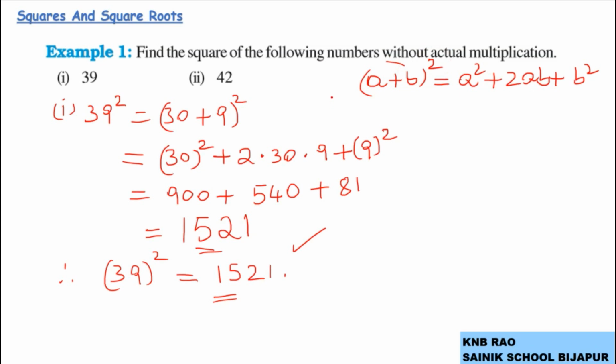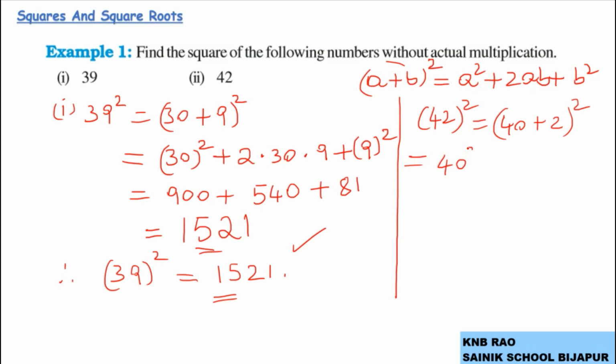I hope you have found it correctly. Similarly, we can find 42 whole square also by writing 40 plus 2 whole square using the same identity: 40 square plus 2 into 40 into 2 plus 2 square, where 40 square is 1600, 2 into 40 into 2 is 160, and 2 square is 4.